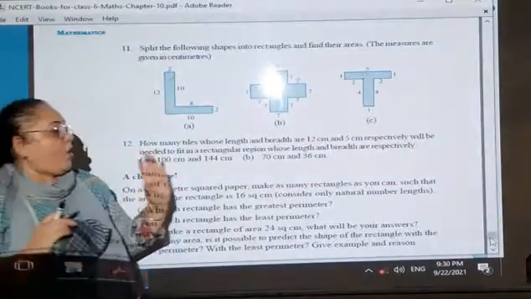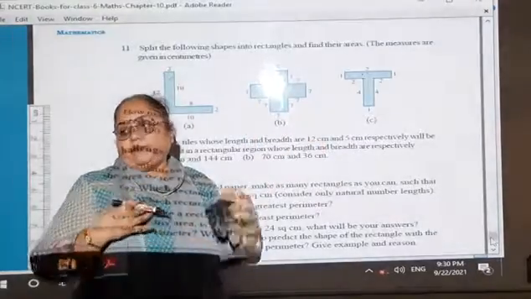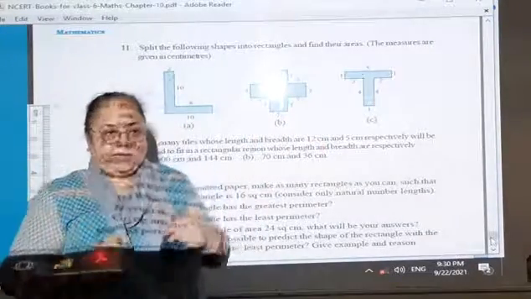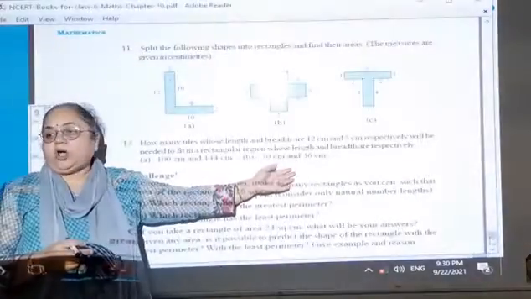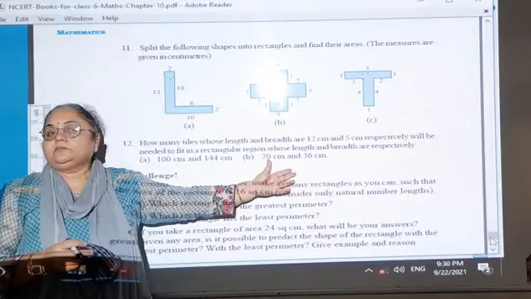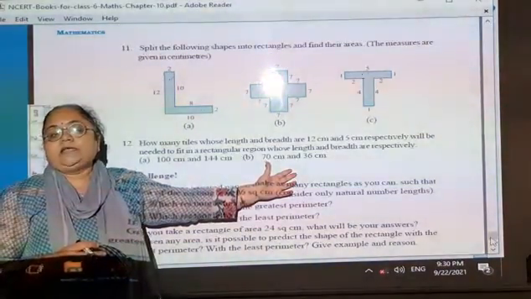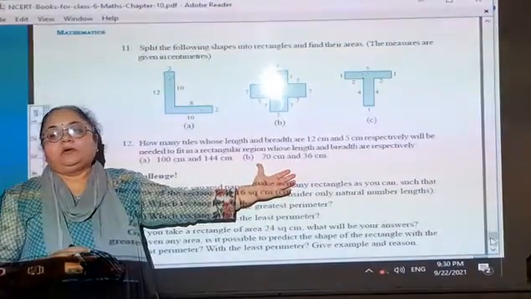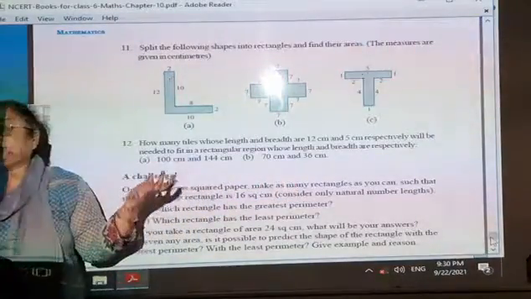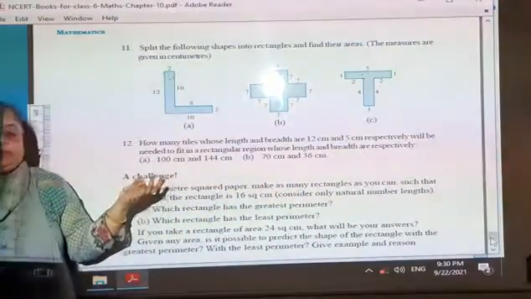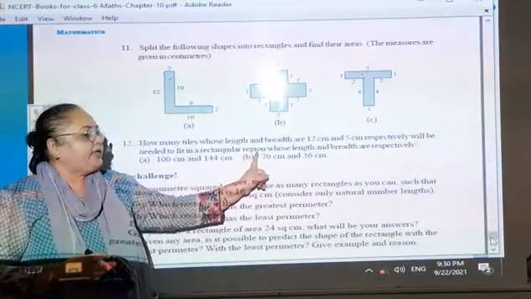So what do these measurements show us? It's a measurement of tiles. And these are the measurements of, read the question, these are the measurements of what? Region. Of rectangular region.